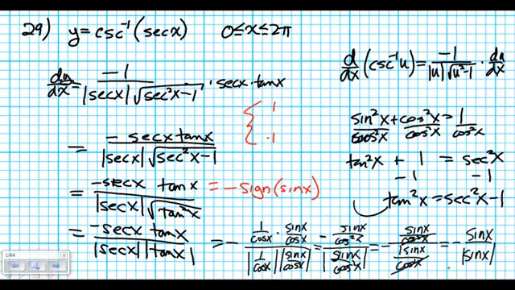When sine is positive, this expression produces a negative 1. Well, when is sine positive on this particular interval? From 0 to pi.